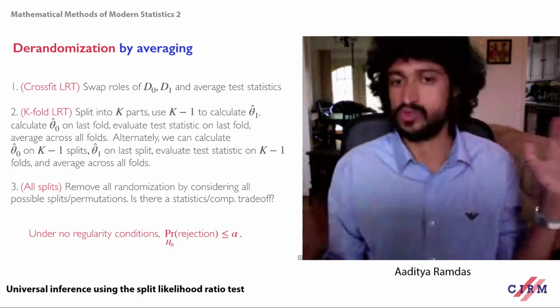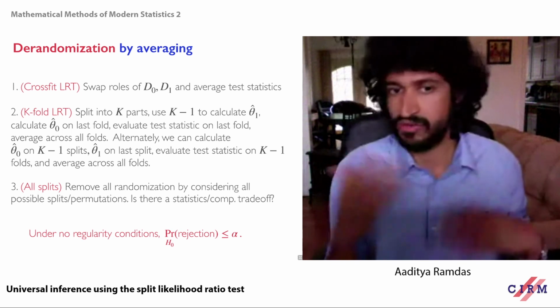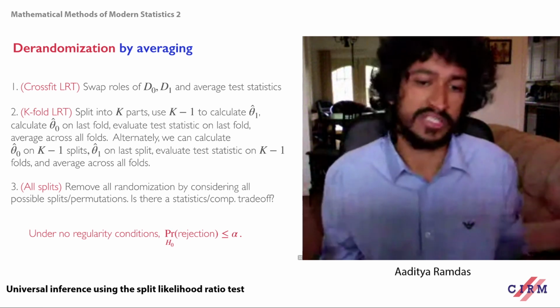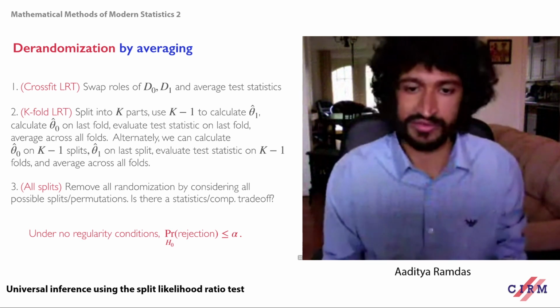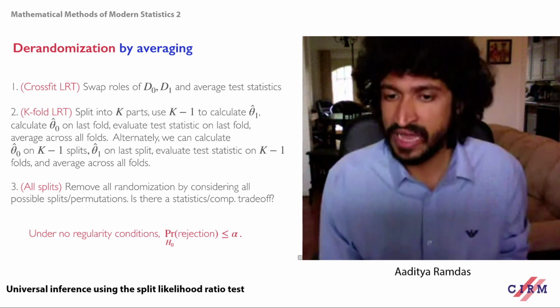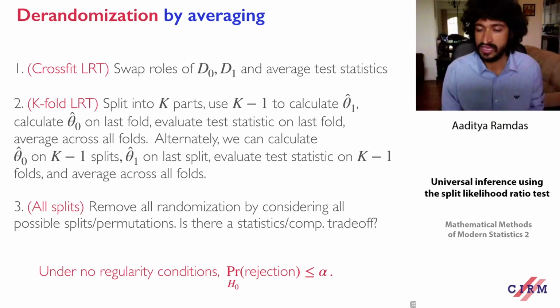Or you can swap the role of what you use the k-1 splits and 1 split for. There are many variants of this. You can also do all splits. You can consider all possible splits or permutations of size n over 2 if you want. And so it seems like all of these are valid tests under no regularity conditions.